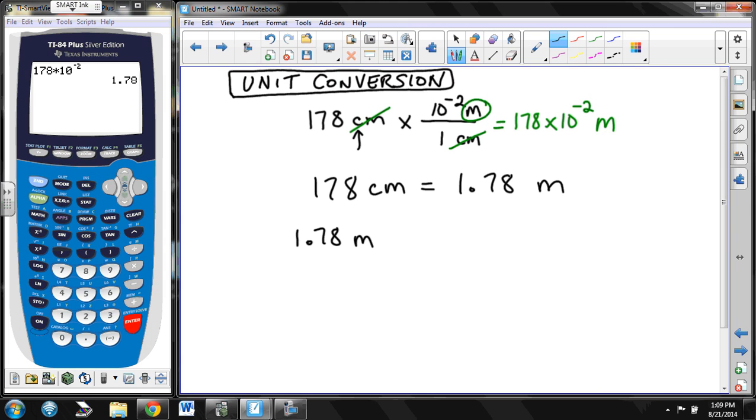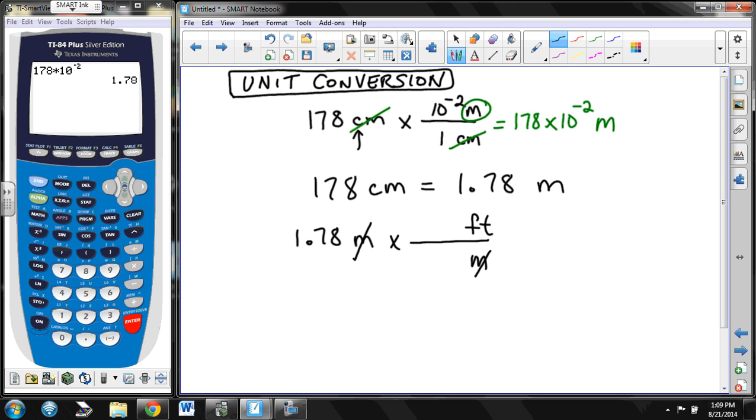But do you really know what that is? Probably not. So we need to make a change from meters into a unit you are familiar with. We want to get rid of meters, so we put it on the bottom so this will cancel. And the units that you're used to using are feet.